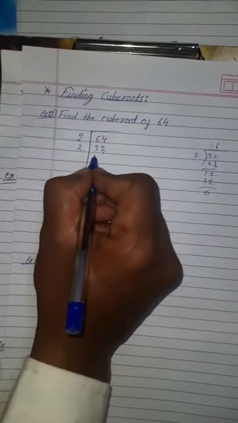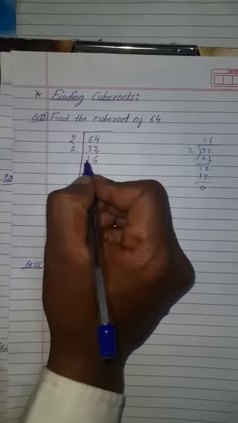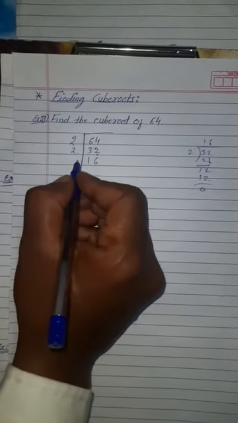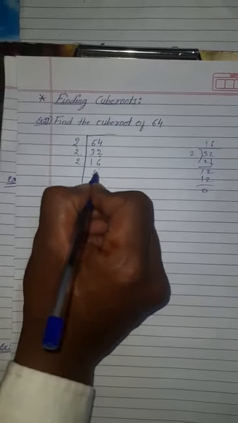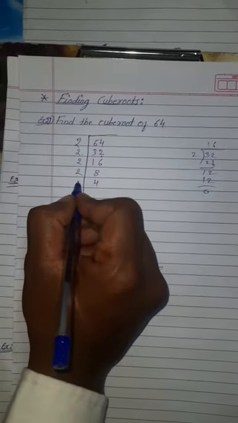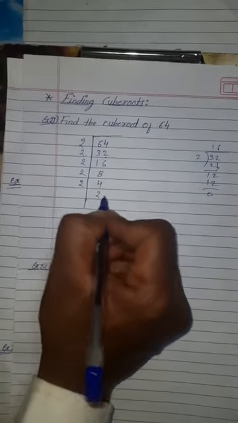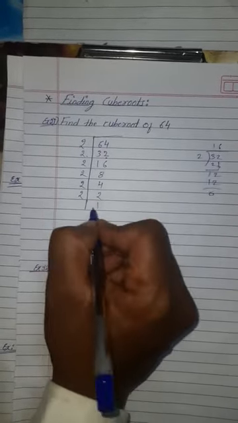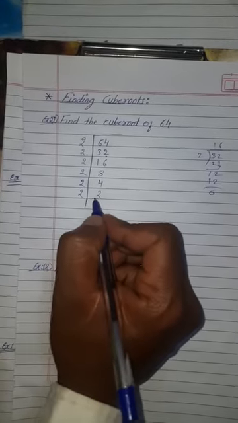So what number do I get here? 2 16s are 32. Again 16 is divisible by 2. 2 8s are 16. Again 2 4s are 8. 2 2s are 4 and 2 1s are 2. So when 1 comes, we have to stop here.